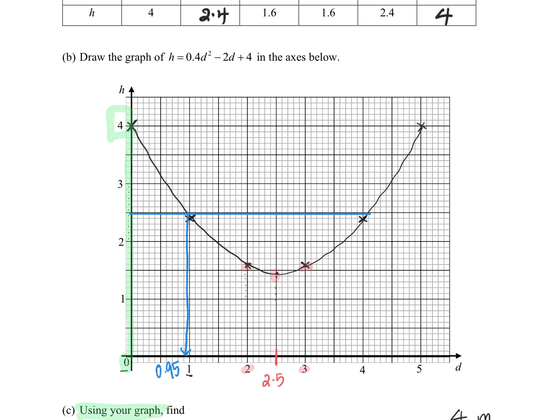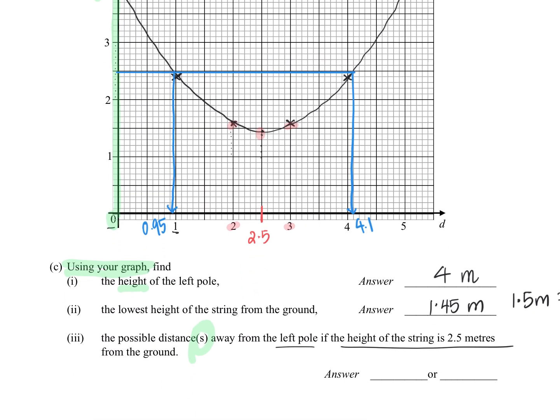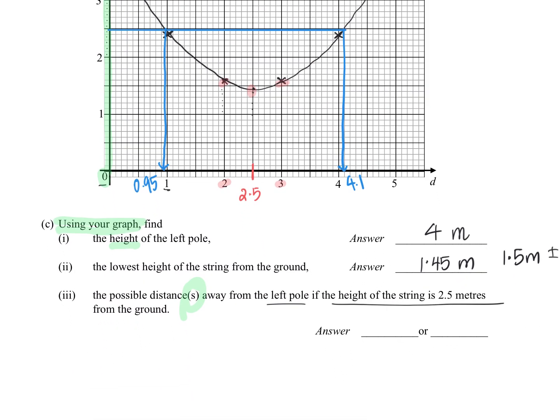Then mine, this one here, is about 4.1. Or I got one 0.95 and the other one. Probably the answer is just 0.9 plus or minus a certain range, then 4.1 plus or minus a certain range.